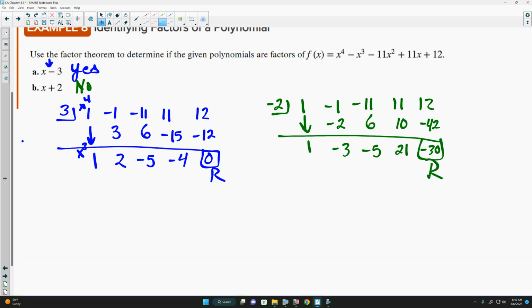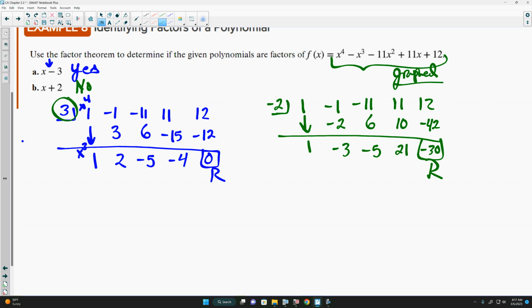Now, kind of a cheat way around this is, well, we could have graphed this on the graphing calculator, and if it crossed at positive 3, then that's a solution. X minus 3 is a factor. If it crossed at negative 2, then x plus 2 is a factor, because it's just working from one to the other.